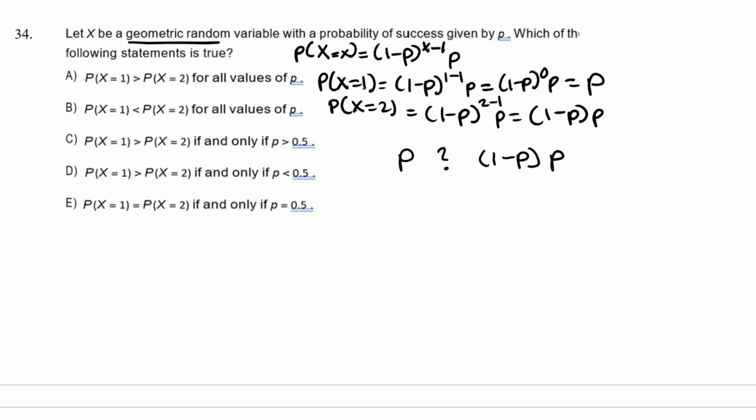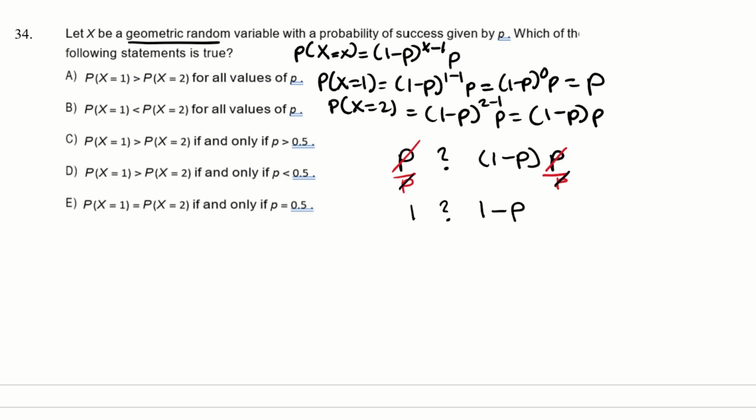Well, first off, notice that the p's can cancel, since we can basically divide it off on both sides. And if we do that, it becomes 1, question mark, because we don't know, and then 1 minus p.